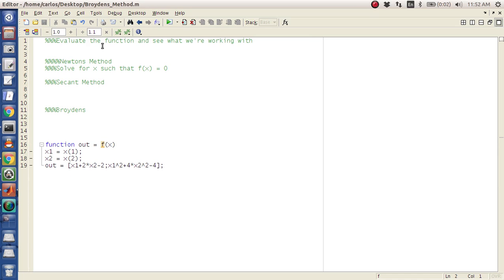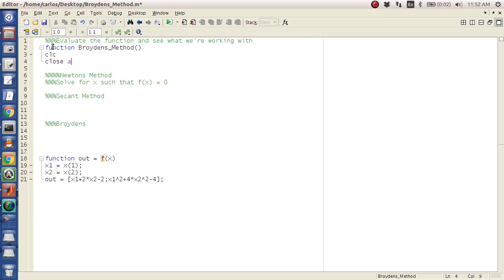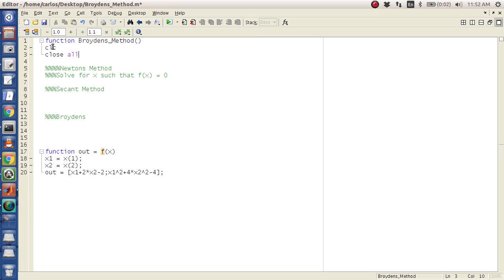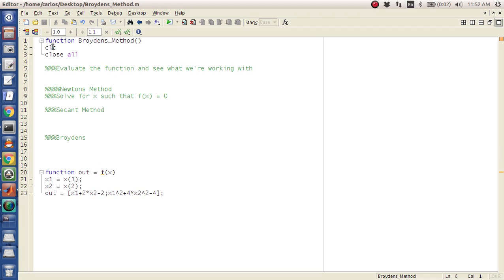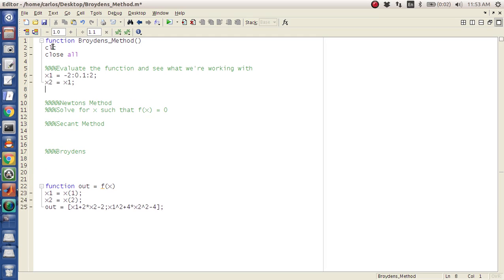Now, when you're evaluating functions like this, it is possible that there is no solution, but we're going to evaluate it anyway and see if there is perhaps a solution. So I'm going to do function Broydens Method up here. Remember, when you have a function and a function, you need a function header at the top. I'm going to make x1 go from -2 to 2, and x2 I'm just going to make the same thing as x1.